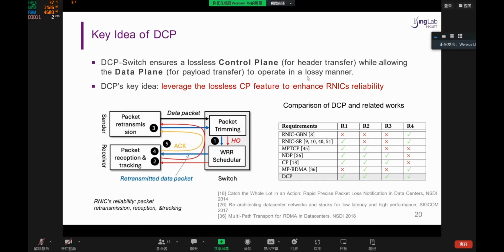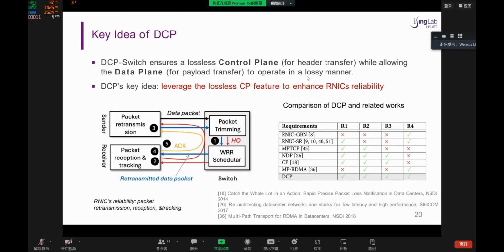Actually, we compare DCP with TCP. TCP is the default network stack used in software. For the throughput of a single flow, both DCP and the commodity RNIC, for example, ConnectX-5, can achieve about 50% higher bandwidth than TCP.